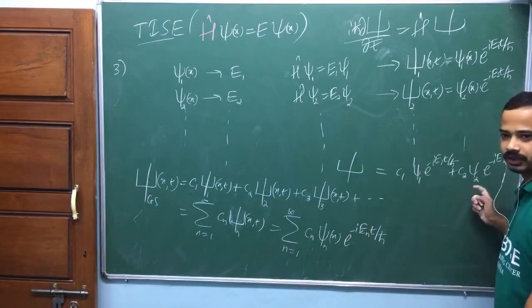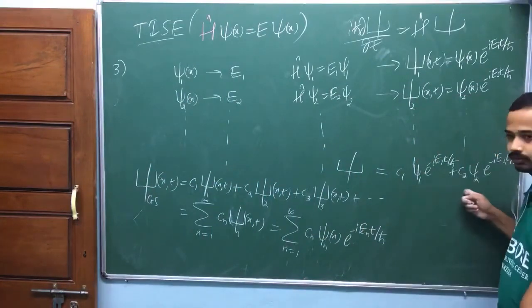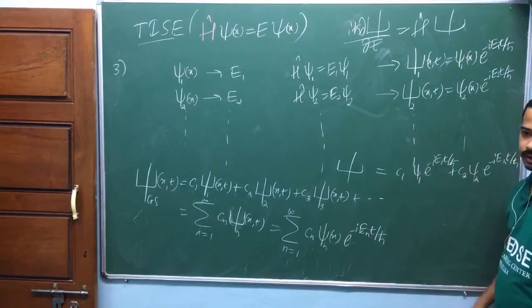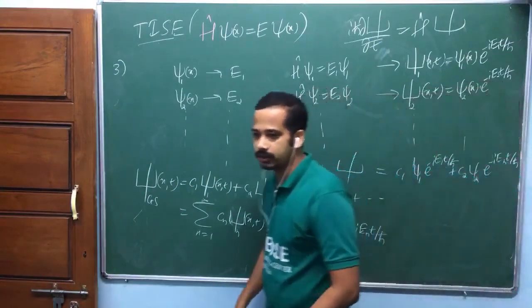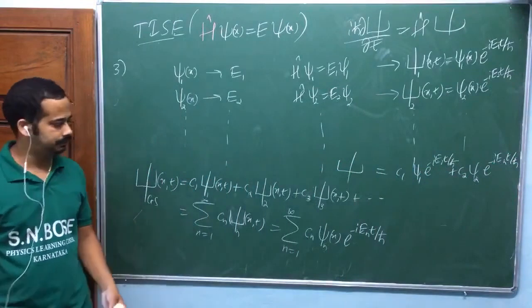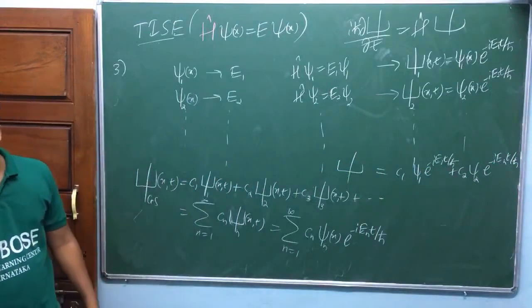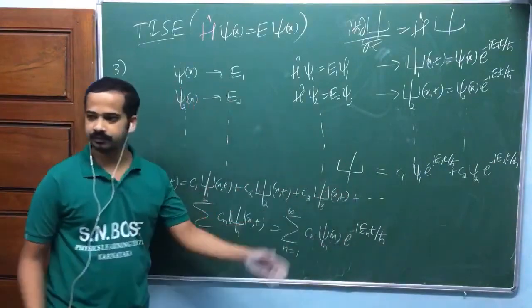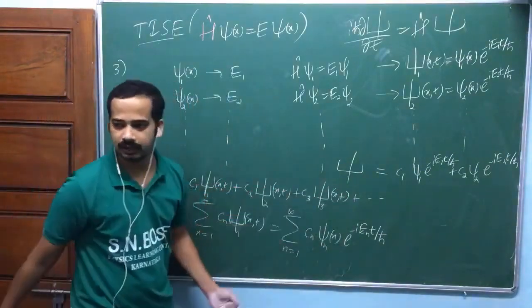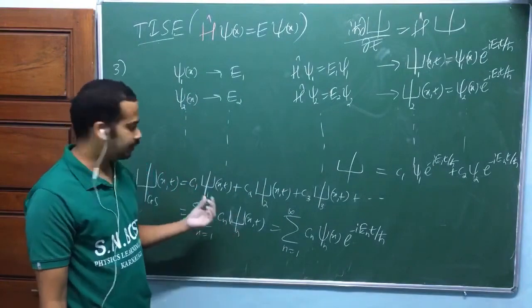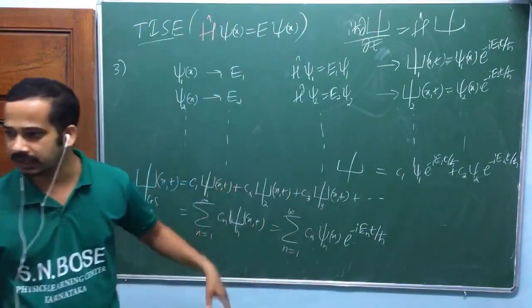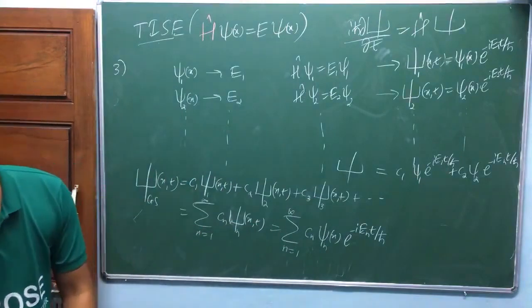This is one of the examples: C3, C4 and all are 0, only C1, C2 not 0. We call this one a superposition state also, or linear combination state, that's the better word. This process is called linearly combining them. You are not taking squares and cubes and then combining, am I right? You are just multiplying with the first power of each and linearly combining them, okay?